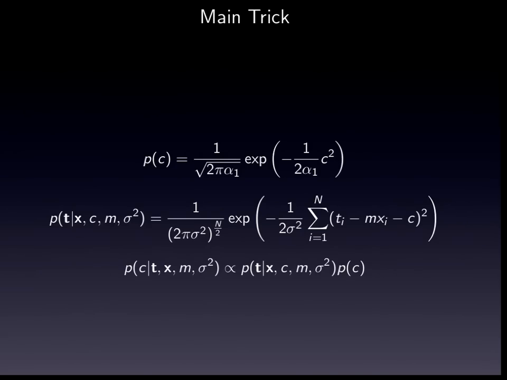Of course, it does matter because you want it for the marginal likelihood, but let's forget that for the moment. Just bear in mind this trick: you just look at multiplying the prior by the likelihood.